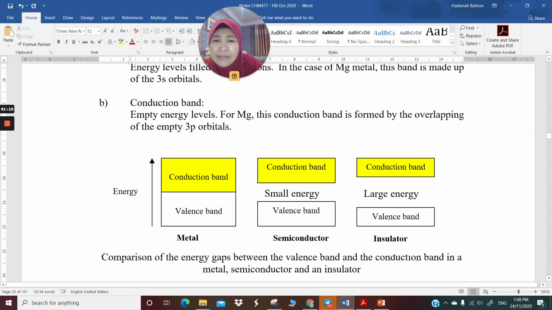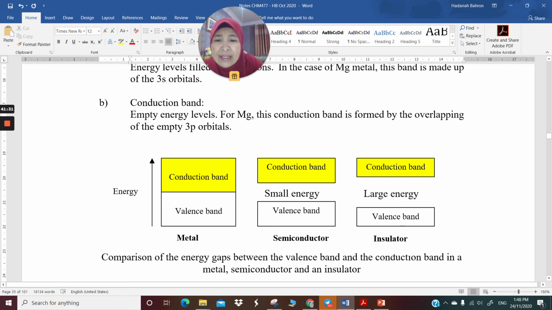Now, when you have a valence band filled with electrons, located touching the conduction band, it is very easy for electrons to go up onto the conduction band and move.